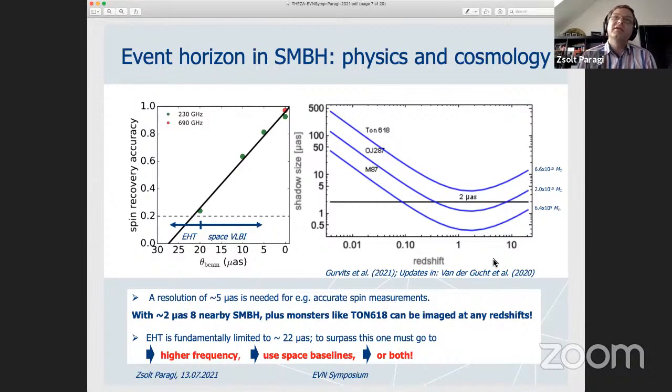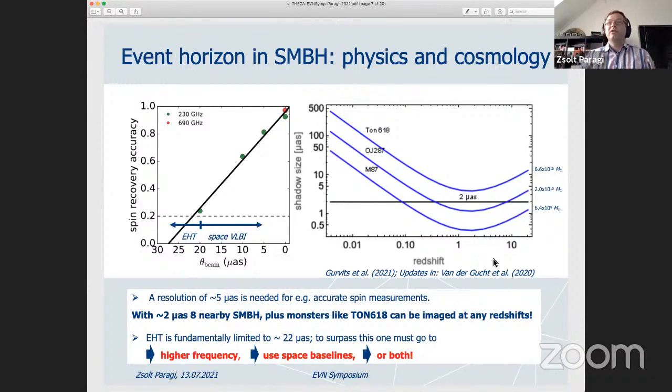And the spin recovery accuracy, well, for the 0.2, that is more or less random values, and more accurate values come above 0.8 or something like that. And if you look at the x-axis, then you see that in order to achieve this, you need resolutions of about 5 microarcseconds or so.